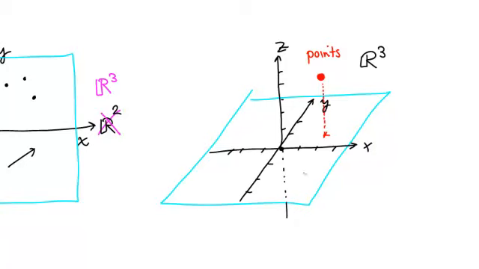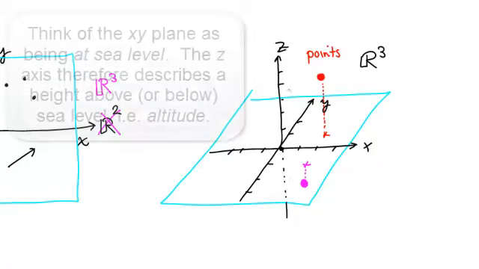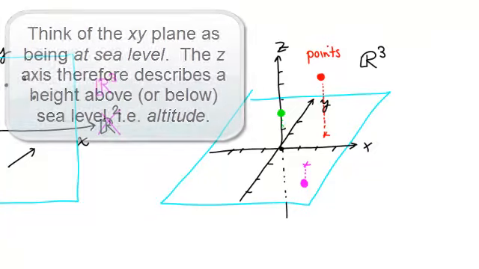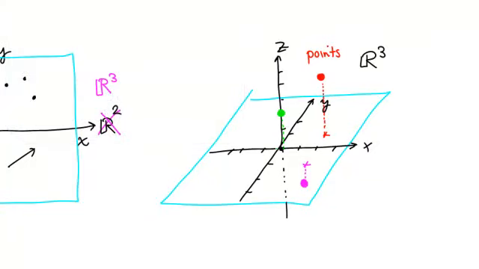And if I were to draw this point right here, again, it's kind of hard to get a sense of where this is unless I give you some help and suggest that this point is below the xy plane. And if I were to draw this point right here, well, this time I actually mean that this point is right there on the z-axis. So we have a three-dimensional space, and we have points inside of it.